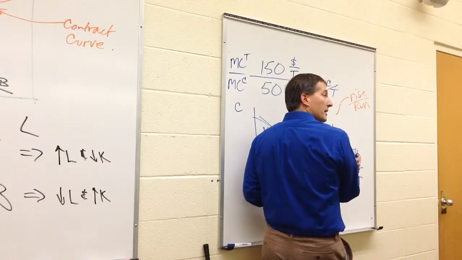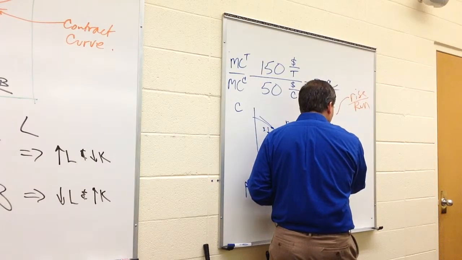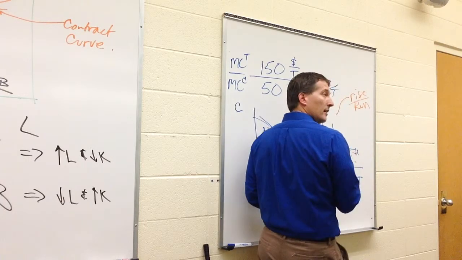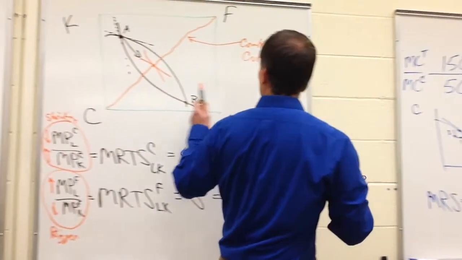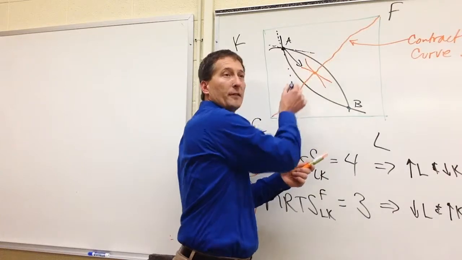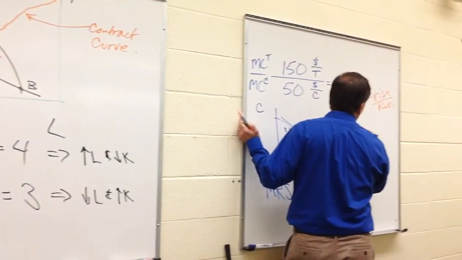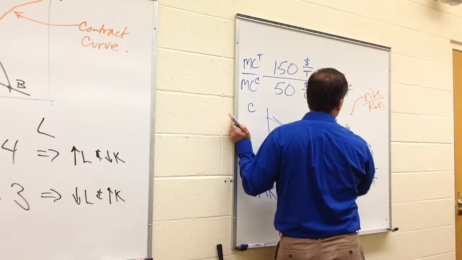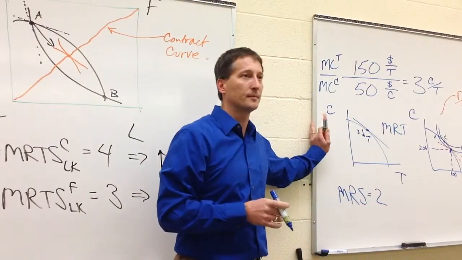People would be happier if we shifted to an equally productively efficient point, C, right? Because it's on the production possibilities frontier. So we're going to another spot on the contract curve, right? An equally efficient point of production is point C, but people are happier because their preferences are such that they want to have a few more clocks to tell the time rather than watching a few more reality shows.